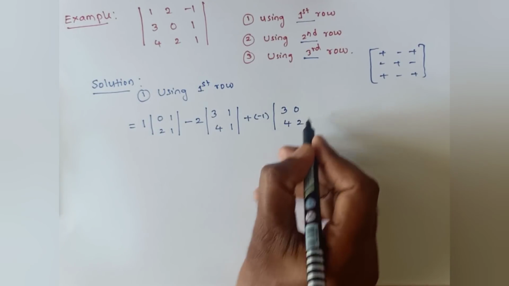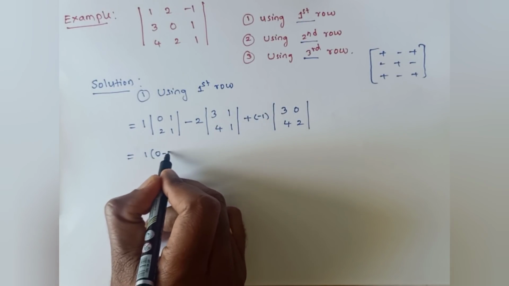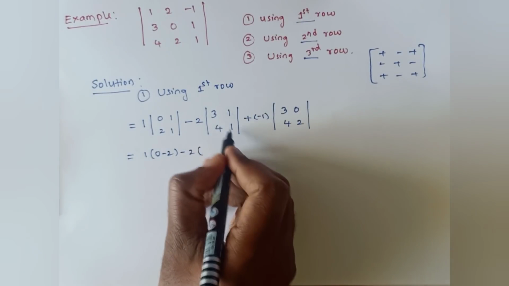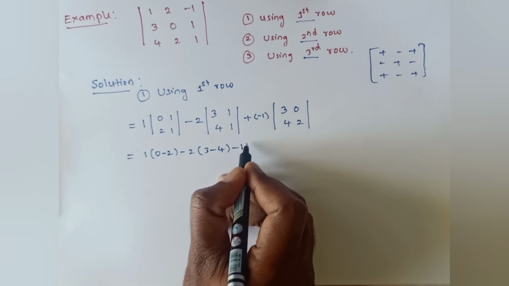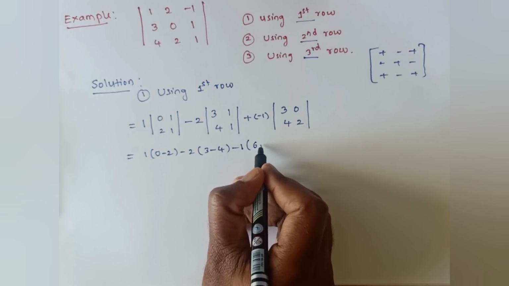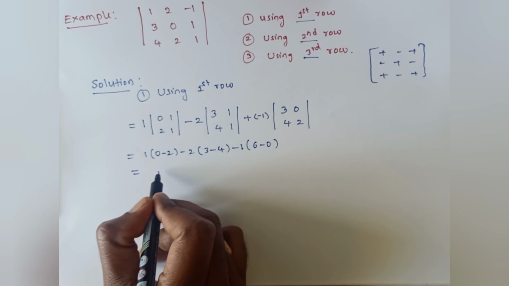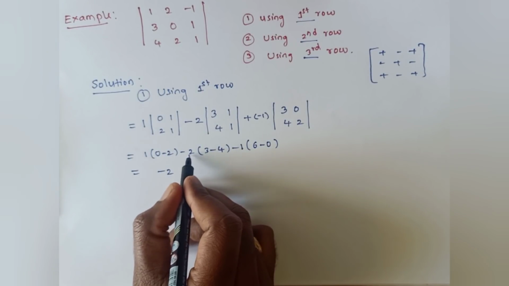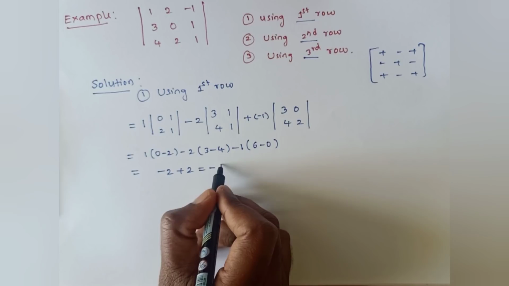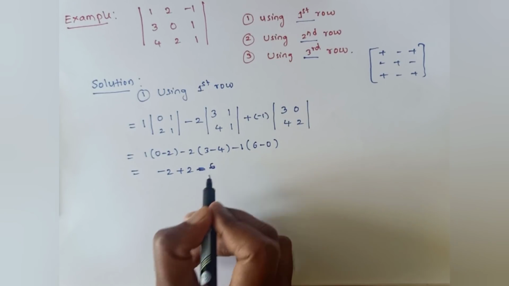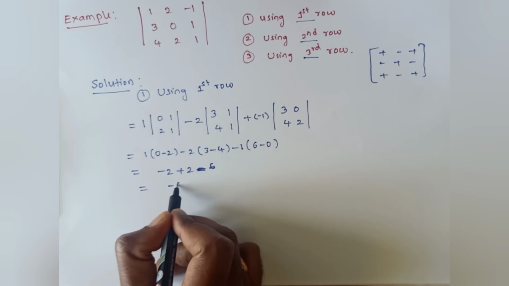So this is 1 into (0 into 1, 0, minus 2 into 1) minus 2 into (3 into 1, 3, minus 4 into 1, 4), minus 1 times (3 into 2, that is 6, minus 4 into 0, that is 0). So finally, minus 2 into minus 1 is plus 2, and this is minus 6, which is equal to, finally, minus 6.